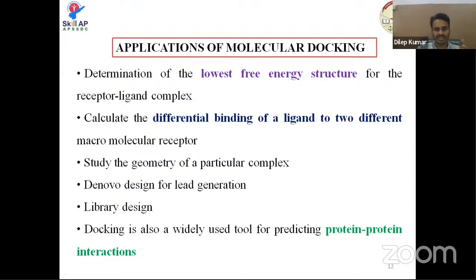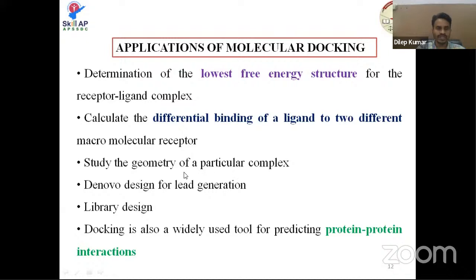Both are close, having close structural resemblance. That means your drug molecule will also have a similar structure. Whenever you bind at both receptors, there is a difference in the activity. The drug molecule or the ligand will have more affinity at one particular receptor and less affinity at the other receptor. However, it has affinity. That difference in the binding ability of the ligand can also be studied by employing molecular docking studies.